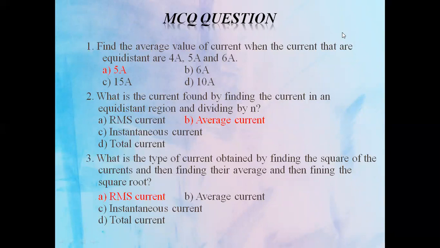That is called average current. And number three, what is the type of current obtained by finding the square of the currents, then finding their average, and then finding the square root? The answer is RMS current.